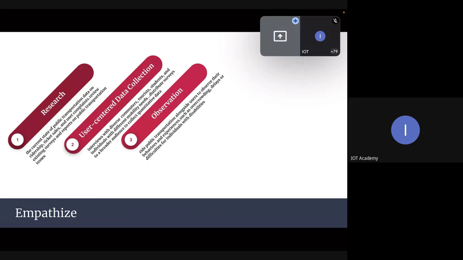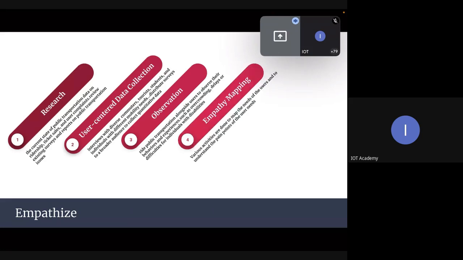Now, all of this data that we have collected from our research, from our user-centered data collection, from our observation, will be used to do empathy mapping. We will bring all this data together and do empathy mapping. There can be various activities to do empathy mapping, which I will be discussing in the next slide.